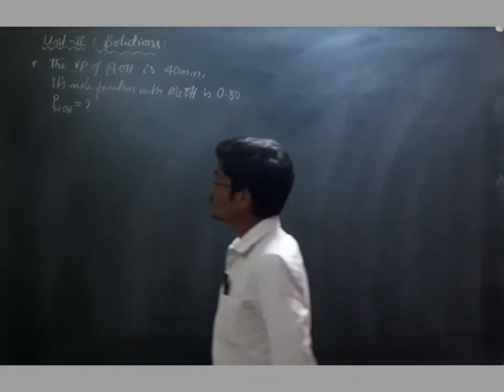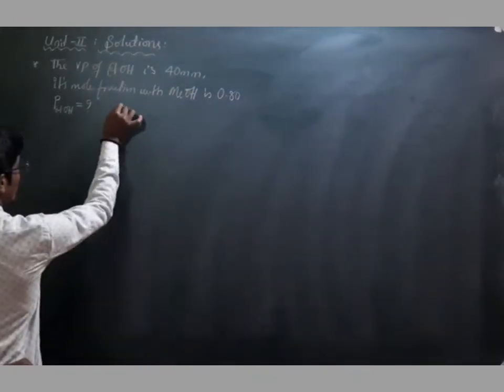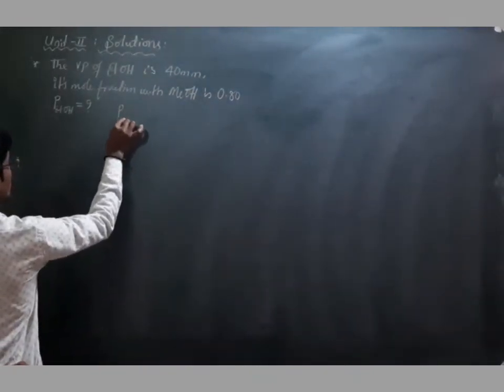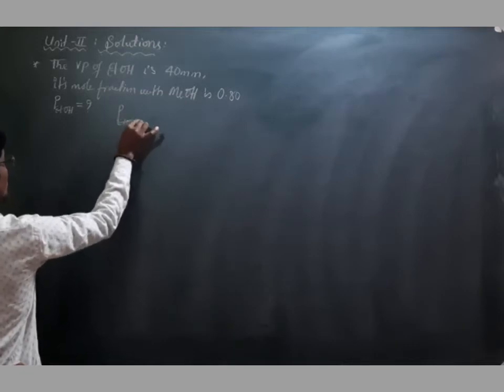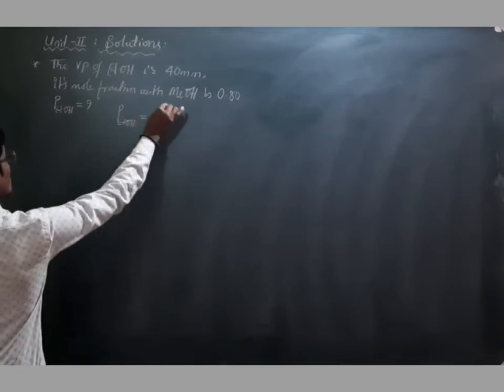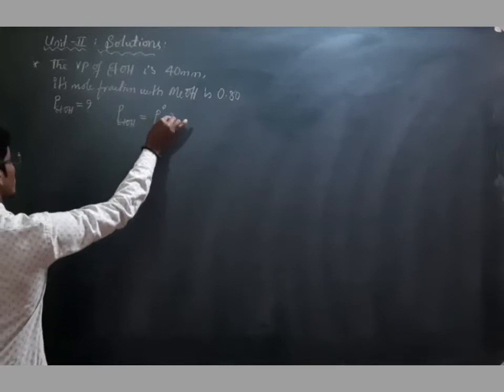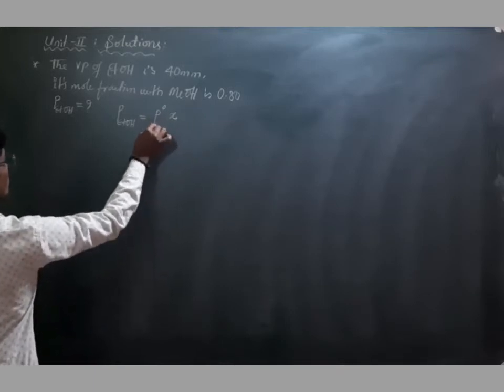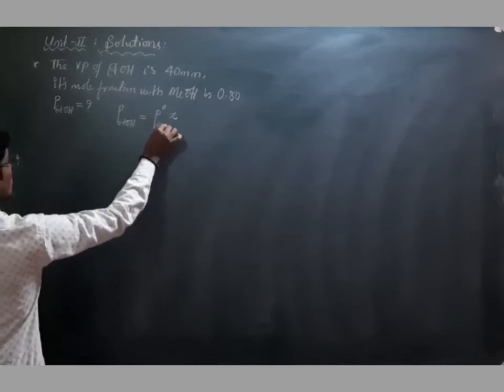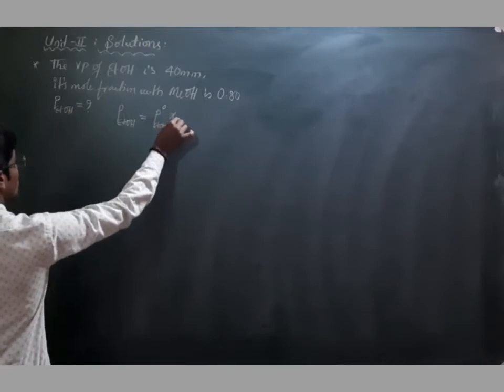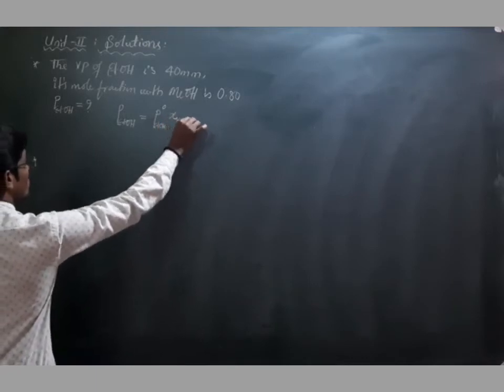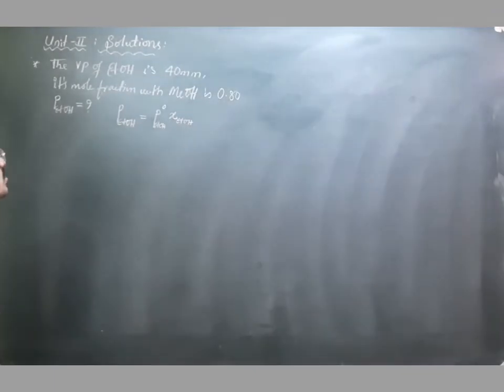So here it is given directly. Raoult's law means what? Vapor pressure of ethanol, P, is equal to P naught into X. So P naught of EtOH into its mole fraction of ethanol. Both terms are given.